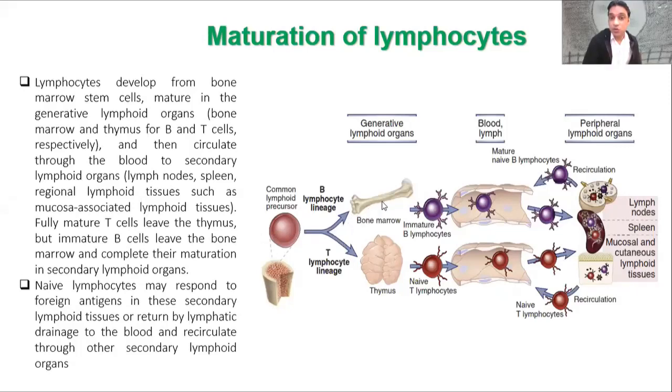One of them stays in the bone marrow, matures over there, and converts into an immature B lymphocyte. The other category took a different path. They convert into the lymphocyte lineage, enter into the thymus, from where they differentiate and mature further to become naive T cells or naive T lymphocytes.